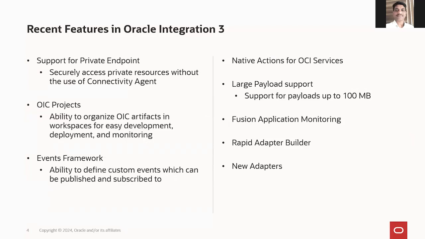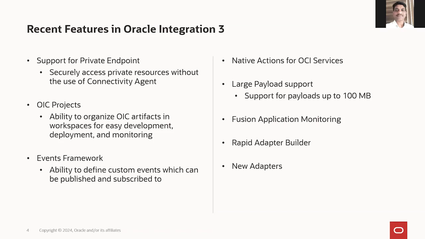Now let us look into some of the recent features added in Oracle Integration 3, and we are going to get into the details of all these features. We have support for private endpoint. So what does it mean?